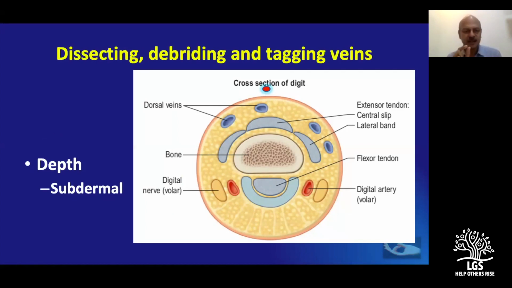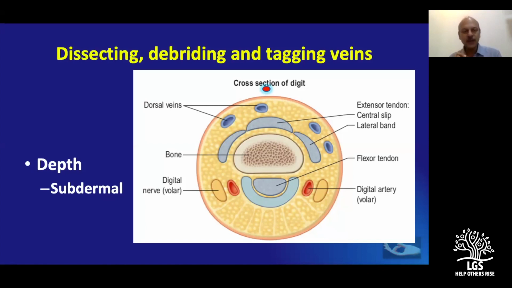It is quite stiff. It is easy to identify in the amputated part. Of course, it is quite easy to identify the tendons, the bone, and the nerve also. But it is the vein that is the problem, because it is very thin and becomes collapsed.